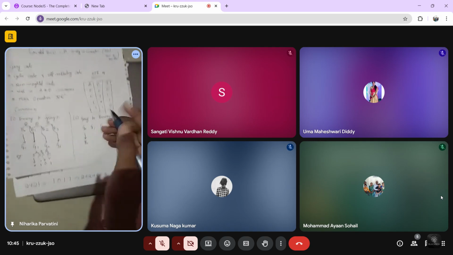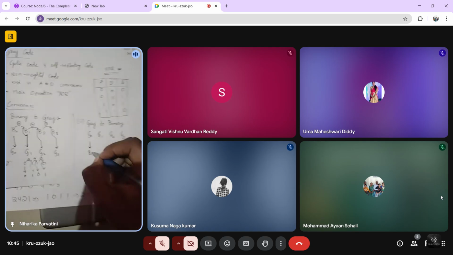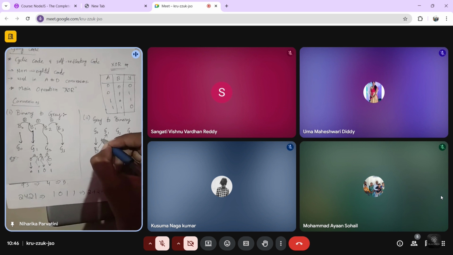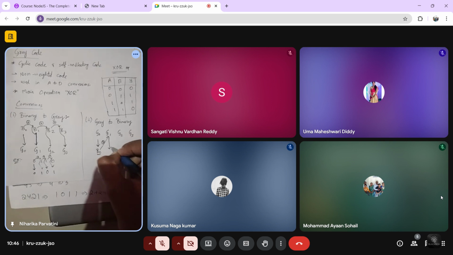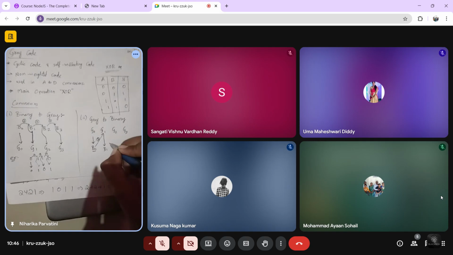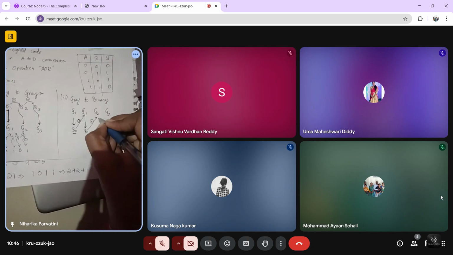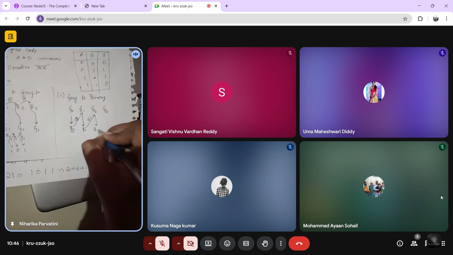And then B0 XOR with Z1 results in B1. And then B1 XOR with Z2 results in B2.